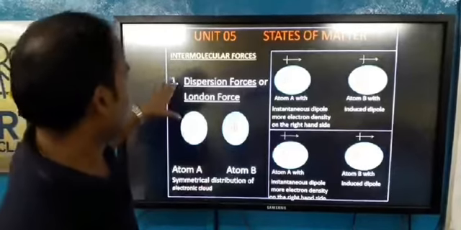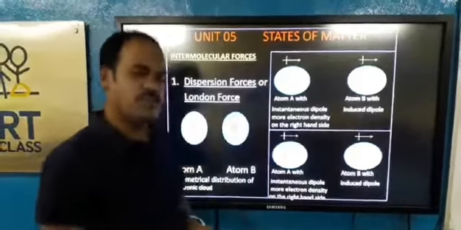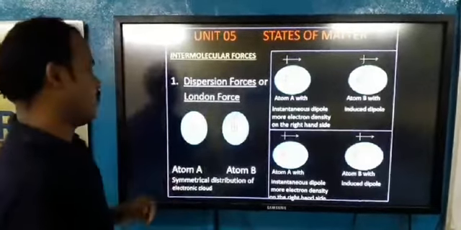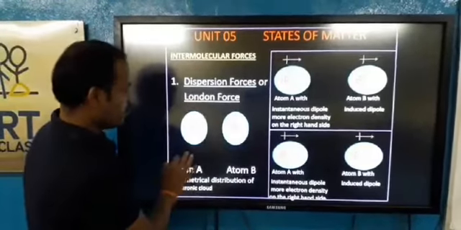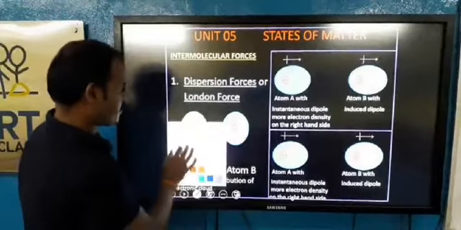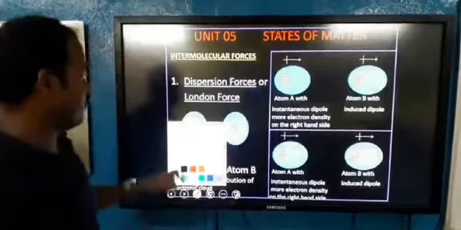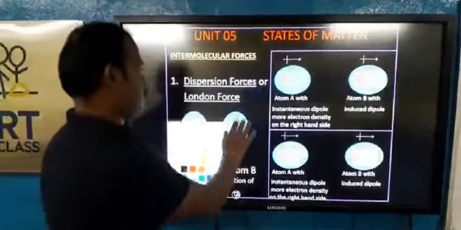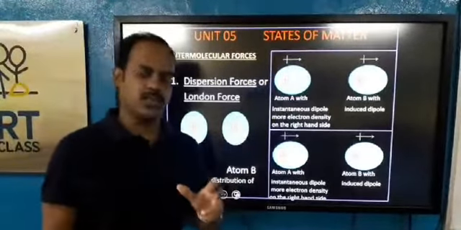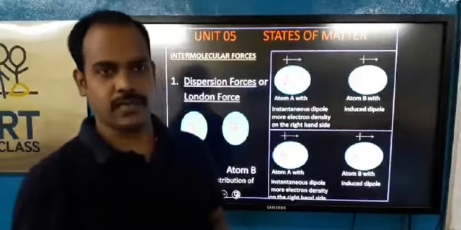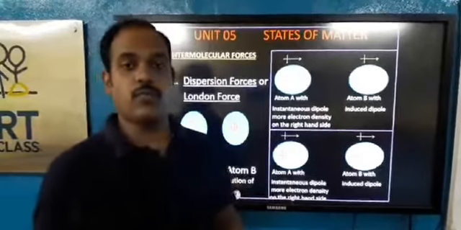So let's see. First force is dispersion force or London force. In this force, students, this force operates between the molecules which are non-polar. So what is polar?